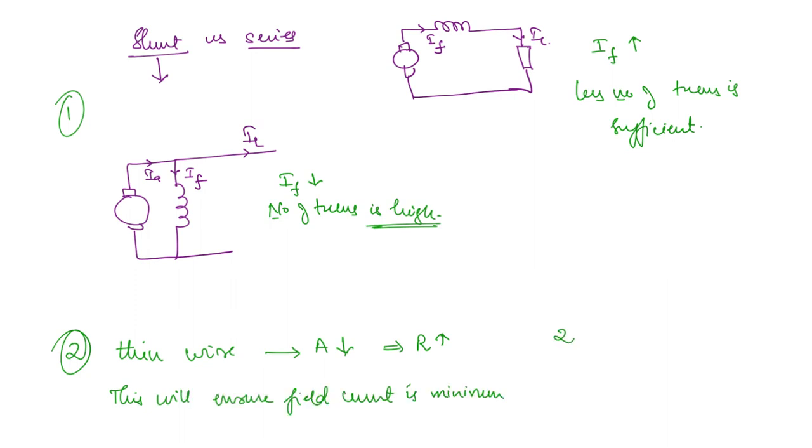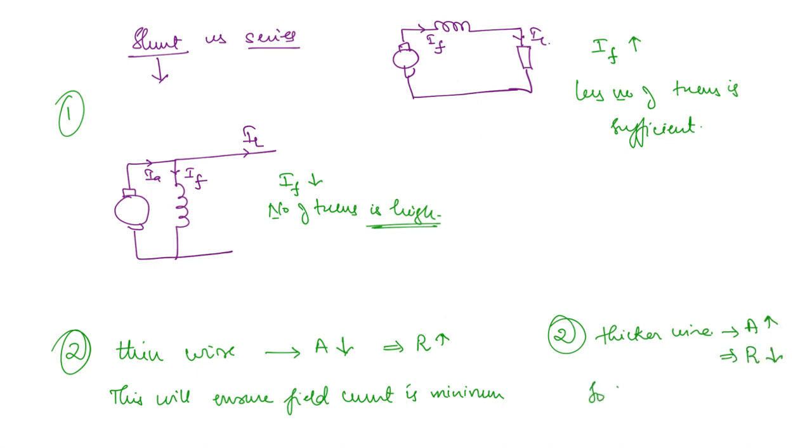And what about the case of series winding? In series winding, the current anyways is going to be high. So what we don't want here is an unnecessary voltage drop across the series winding. In order to do that, you have to reduce the resistance. That means you have to use a thicker wire. A thicker wire will ensure that the area of cross section is increased so that the resistance is reduced.